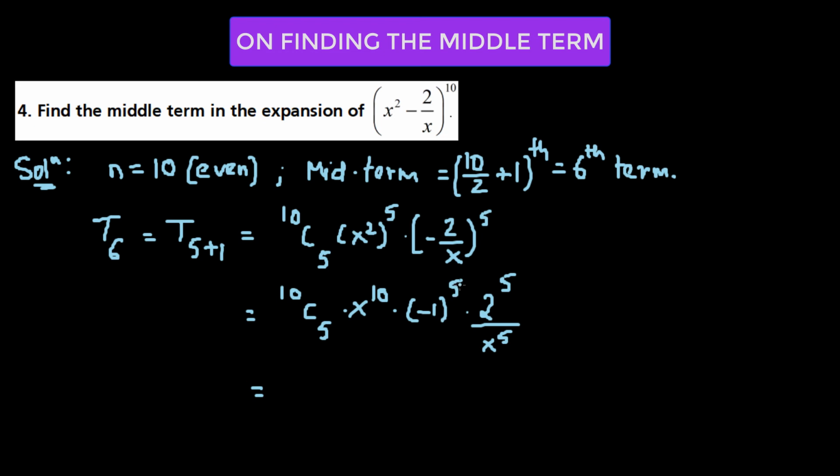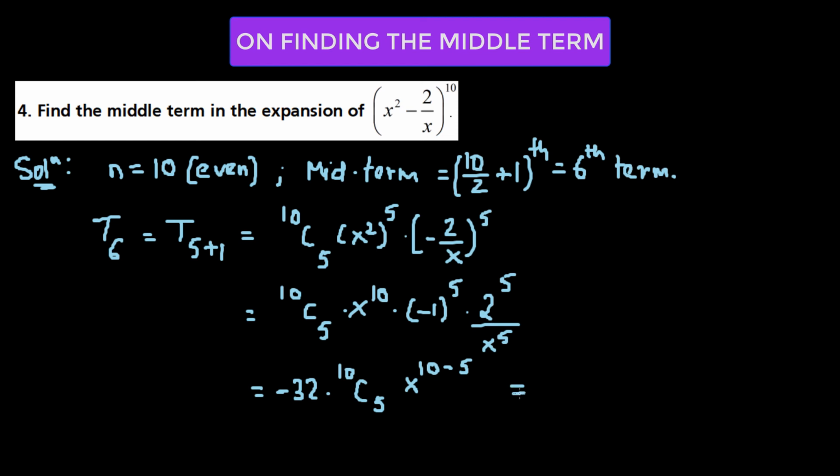Negative 1 raised to the power of 5 is negative 1, so we pull the negative 1 to the front, and 2 raised to the power of 5 is 32, times 10c5. And we can simplify the exponents of x by simply subtracting 5 from 10. So the final answer would be negative 32.